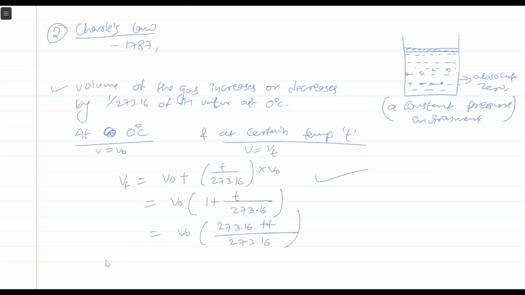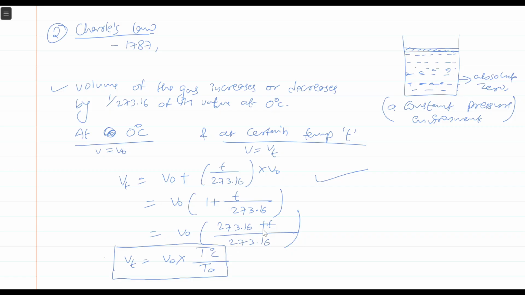Now we can write it like this. Vt is equal to V naught into the upper temperature T plus 273.16 degrees. This 273.16 is for absolute zero on the Kelvin scale, and adding some temperature in degrees Celsius gives the temperature in Kelvin.